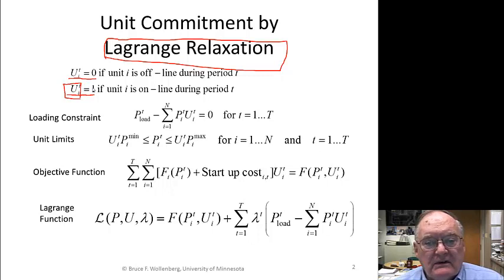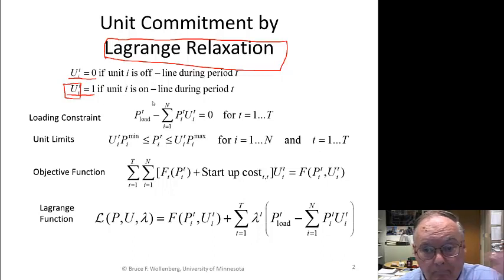So if u_i^t is 1, the unit i is on during period t. So now I'm going to be multiplying this u_i^t times everything to tell you whether the unit is on or off. We're not going to draw a big diagram of states and time periods like we used to for dynamic programming.